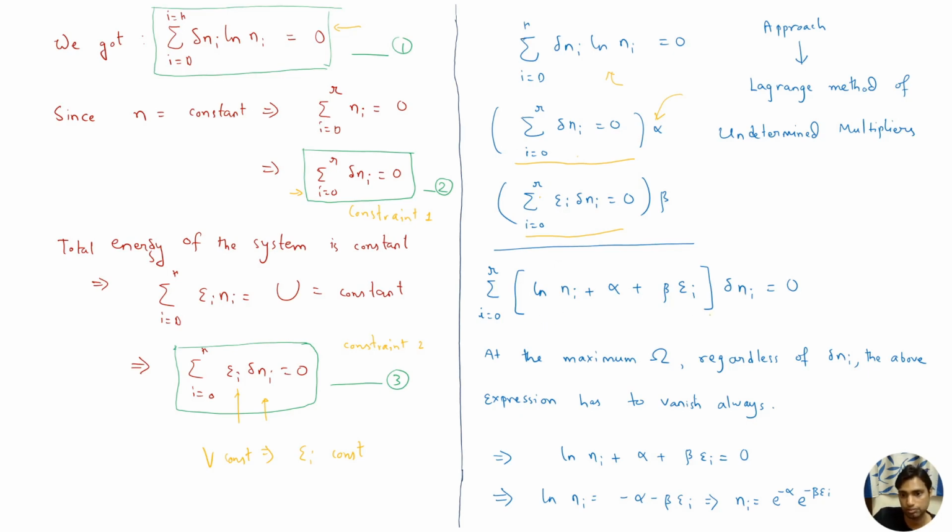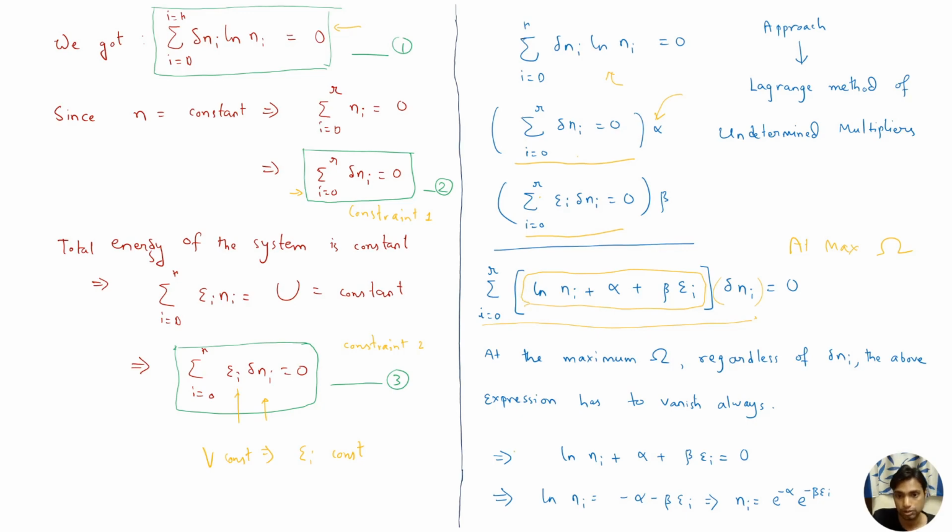Now at max omega, irrespective of what delta ni is, this equation has to be 0. The sum of this has to be 0. This entire thing has to be 0 irrespective of what delta ni is, and that is possible if each of these individual terms is 0.